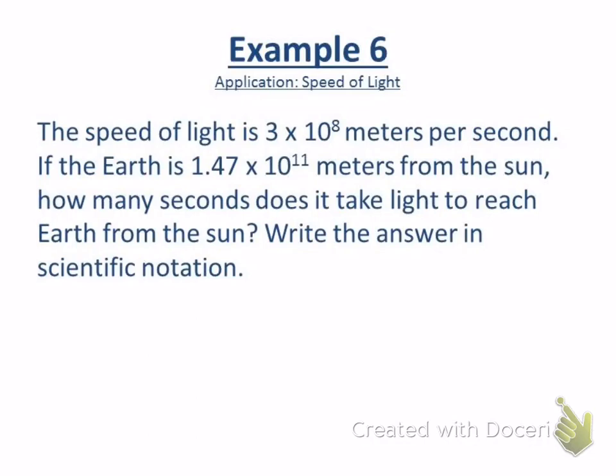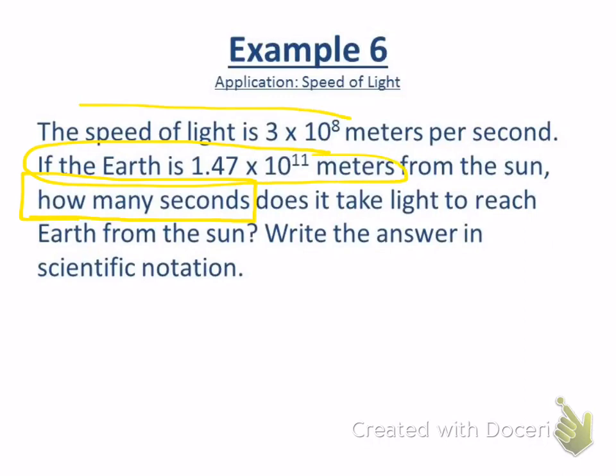Now, this is asking us, what unit is this? How many seconds? Is it a distance? It's a time, right? So what we have here is a distance, we have a rate, and we have a time. Now, what formulas should that bring into play for us? Distance equals rate times time.